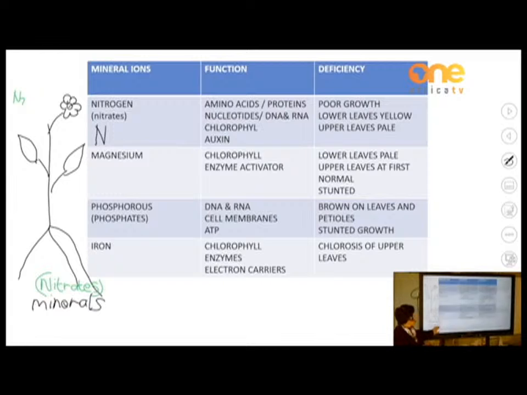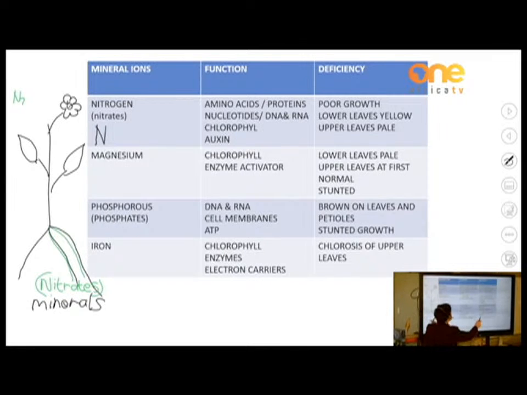You remember? Nitrate salts, and now the salts can be absorbed. So, important: nitrogen is absorbed not from the air, but from the soil for proteins, and that makes sense.